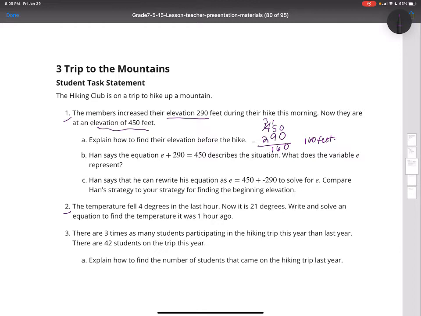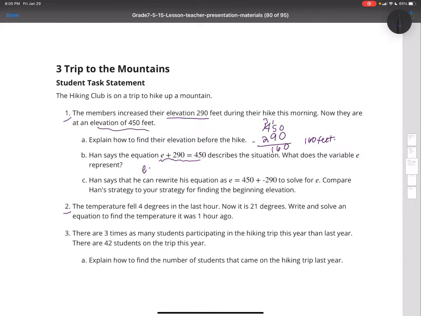All right. Now, part B says, Hans says the equation E plus 290 equals 450 describes the situation. What does the variable E represent? Now, think about it, right? Hans represented the situation with addition. Okay, so that E could be their elevation before they increase their elevation.